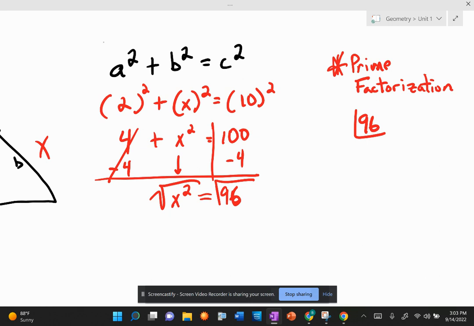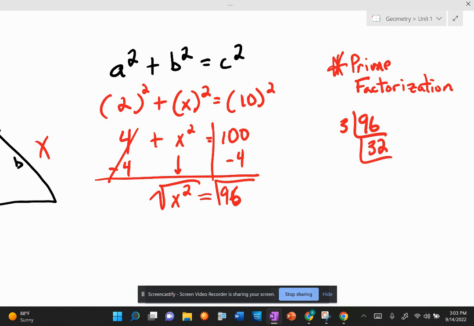What are prime numbers that I can divide 96 by? Have I done a prime factorization with y'all? Let's just try 2. Does 3 work? Yes, we can do 3.